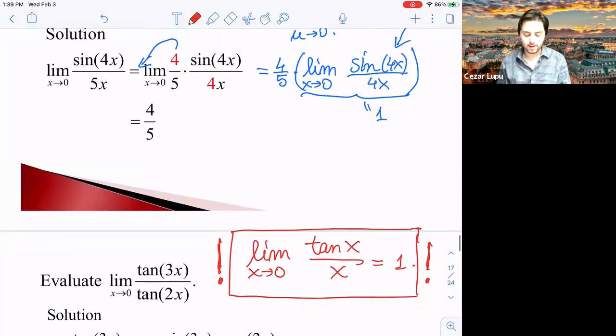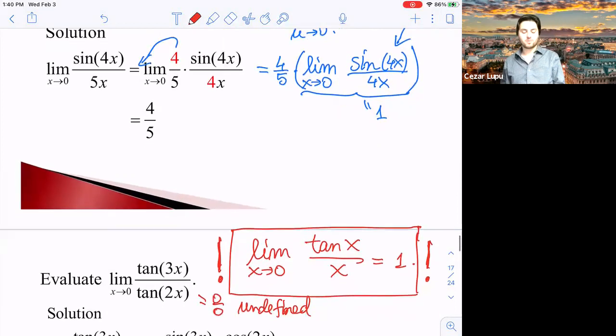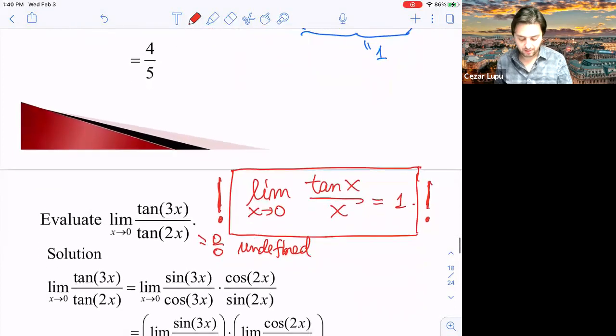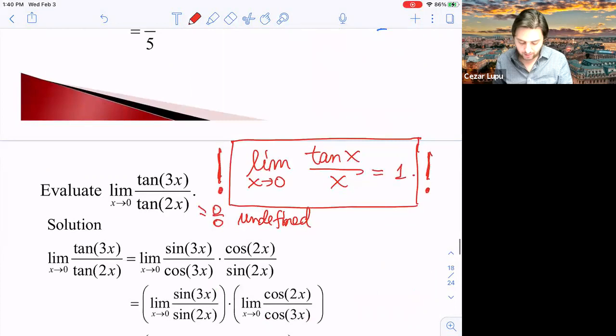But first, when you plug it in, you'll get tangent of 0, which is 0, over tangent of 0, which is 0. So again, it's 0 over 0, which is undefined. So the plug it in method doesn't work. That's why we need to do something.